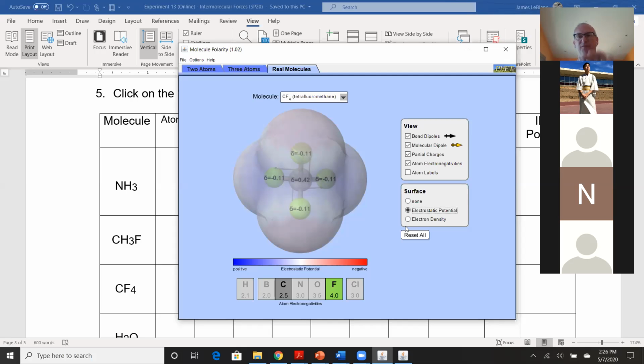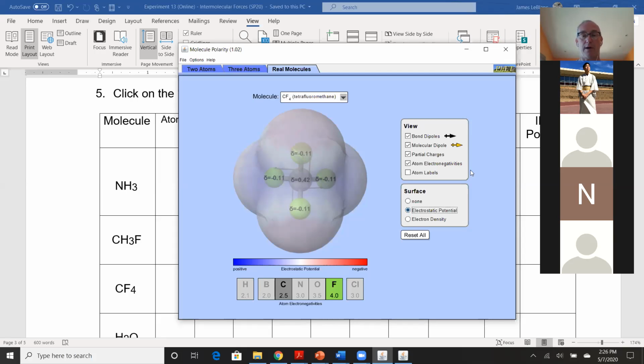You can force these really small dipoles to form. CF4 is bigger, has more electrons. We say it's more easily polarizable because there's just more electrons. And anytime you can tweak just one electron a little bit, you get that little bit of interaction. So if you have more and more electrons, you have more chance to make these interactions. So that's CF4.